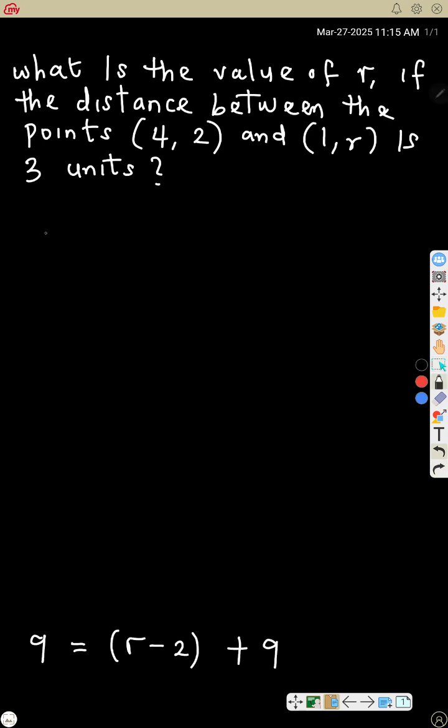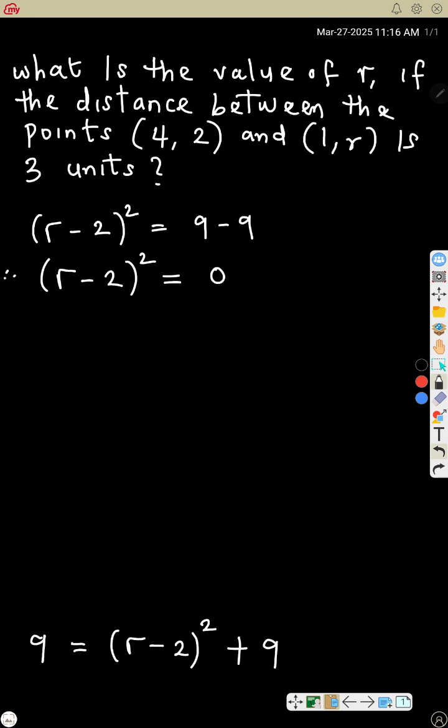So (r minus 2) squared is equal to 9 minus 9. So (r minus 2) squared equals 0, because 9 minus 9 is 0.